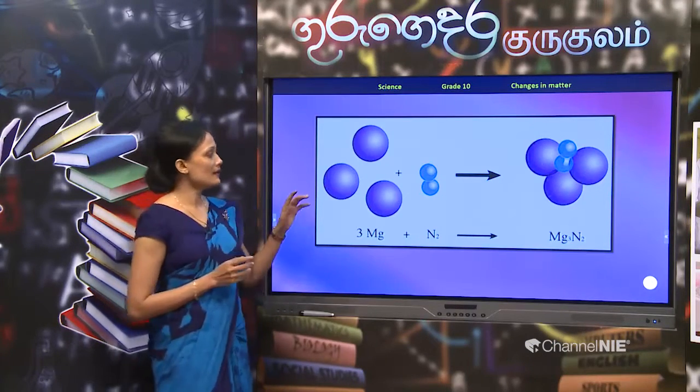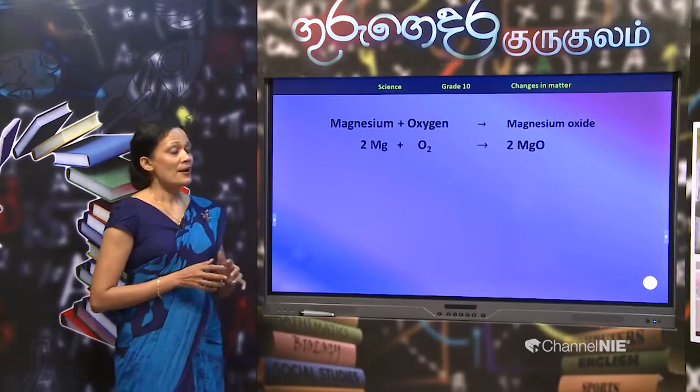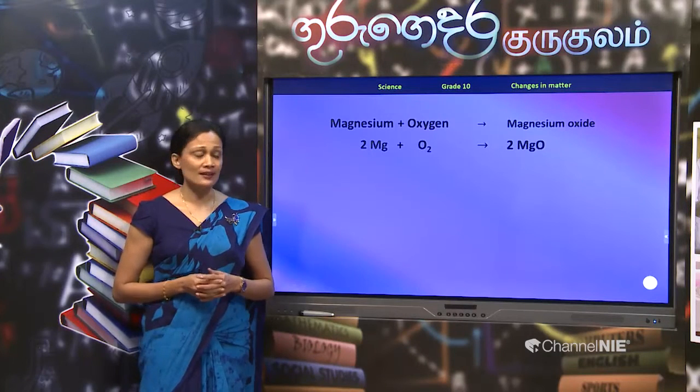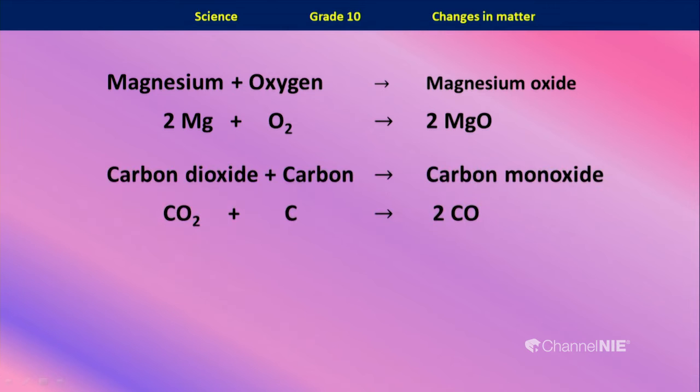Let's look at that. Magnesium reacts with oxygen and forms magnesium oxide, a single product from the two reactants. That's why it is a chemical combination reaction. Another example, carbon dioxide reacts with carbon and forms carbon monoxide, a single product from the combination of two reactants.